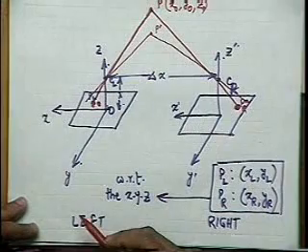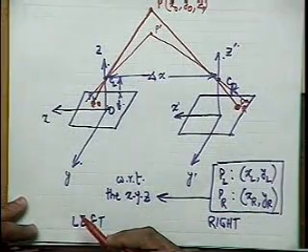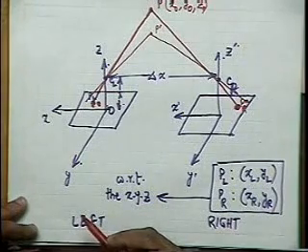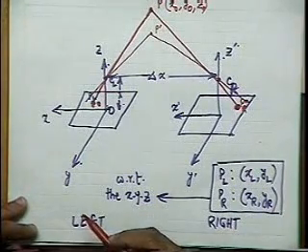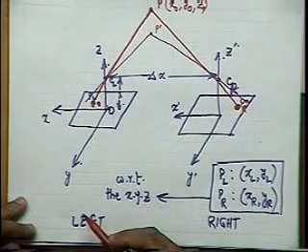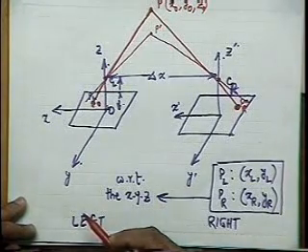We must find its corresponding point PR in the right camera. Now if we want to search for the corresponding point PR in the right camera, the pertinent question that comes to our mind is, over which region are we going to search for it?